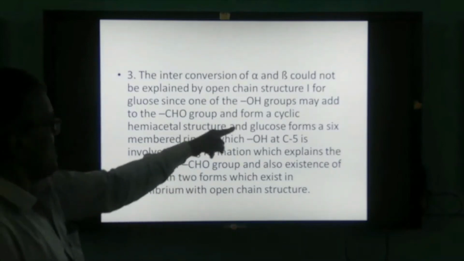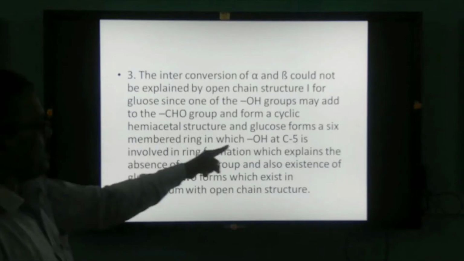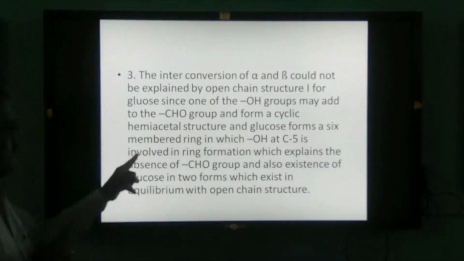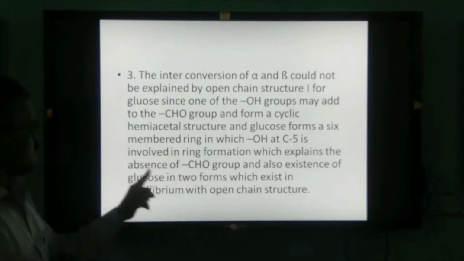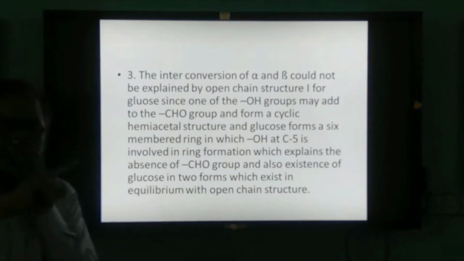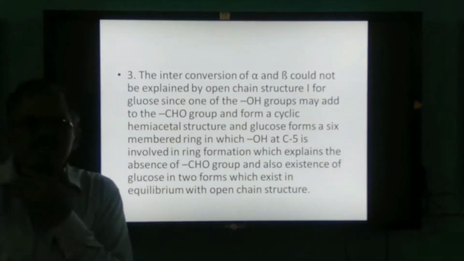It forms a cyclic hemiacetal structure, and glucose forms a 6-member ring, in which we see the OH of carbon 5 is involved in ring formation, which explains the absence of a free CHO group. So the CHO group on the first carbon is involved in the ring formation with the OH of the fifth carbon.